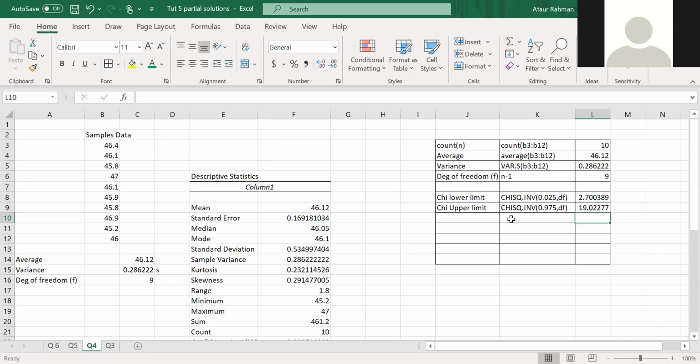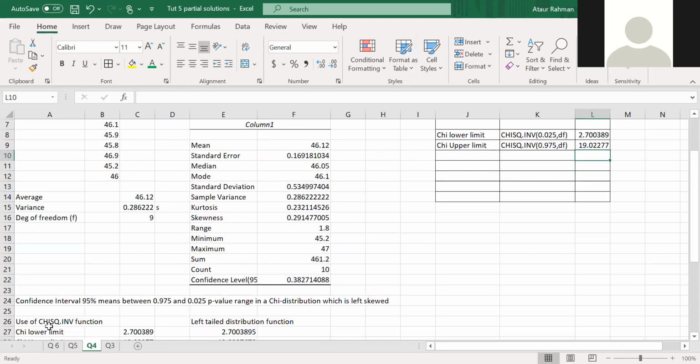Okay, so that's the lower limit and upper limit that we have found. So we can find the confidence interval now.